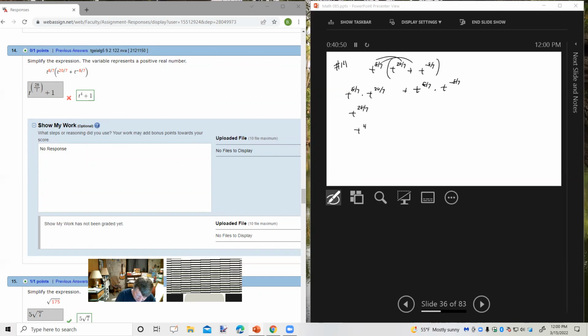So this would be t to the 4th. 8/7 plus -8/7 is 0, and t to the 0 is 1. So t to the 4th plus 1. Again, you just didn't simplify the 28/7. Yeah. So what you've got is equivalent to the right answer. It's just not simplified completely. Okay. I just kept it in that fraction form. Yeah, yeah.